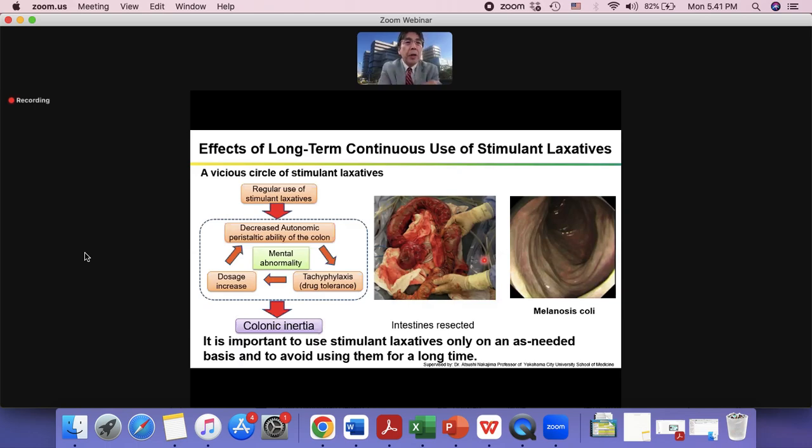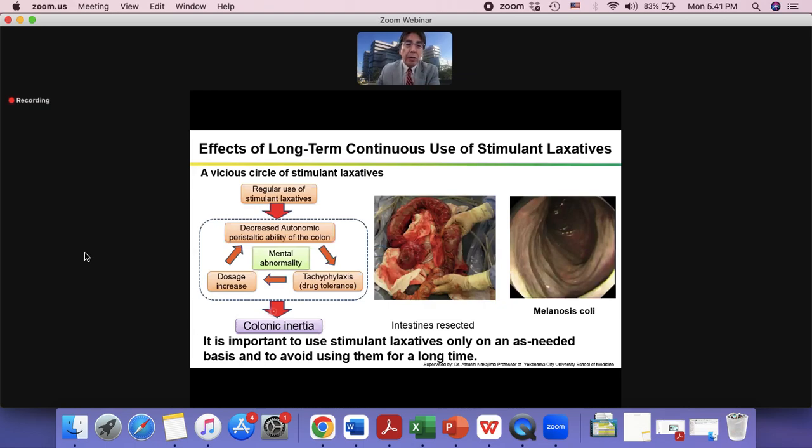If the patient takes a stimulant laxative regularly, for example senna, it has a tachyphylaxis character, so the dosage increases and finally the autonomic peristaltic ability of the colon decreases, resulting in colonic inertia.